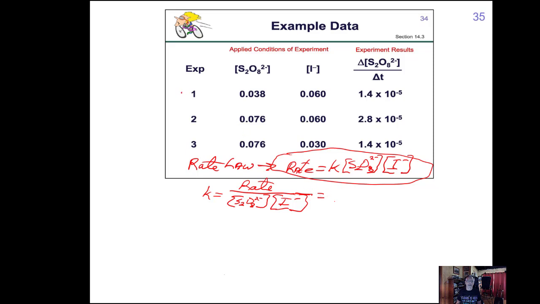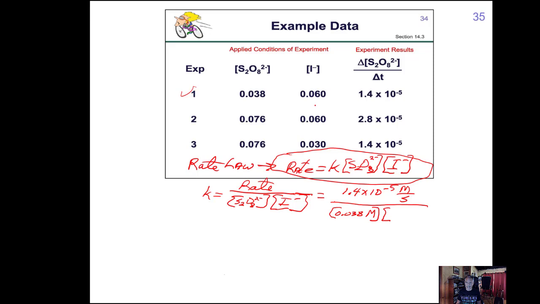And I'm just going to arbitrarily choose experiment 1. And so that's 1.4 times 10 to the minus 5, and we're going to assume that the rate units are molarity per second, and I'm going to divide that by the peroxydisulfate concentration, 0.038, and you want to remember that this is in molarity.